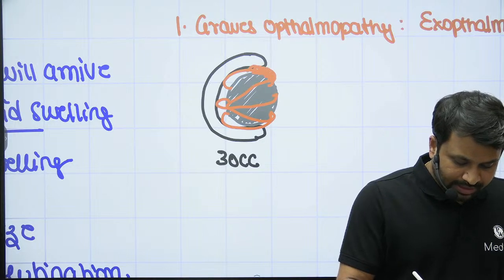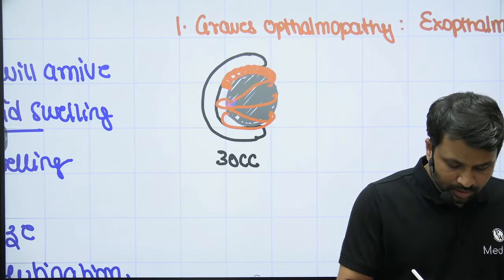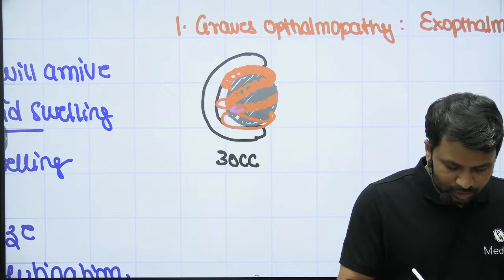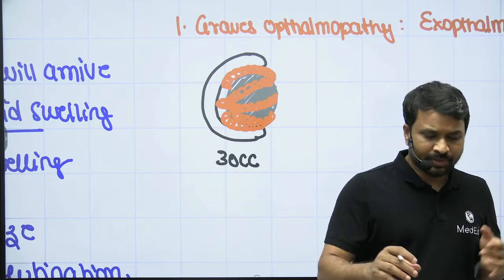So this is your superior rectus, this is your superior oblique, this is your medial rectus. Let's say this happens to be the inferior oblique, and this is the inferior rectus muscle. These are all the ocular muscles present here.